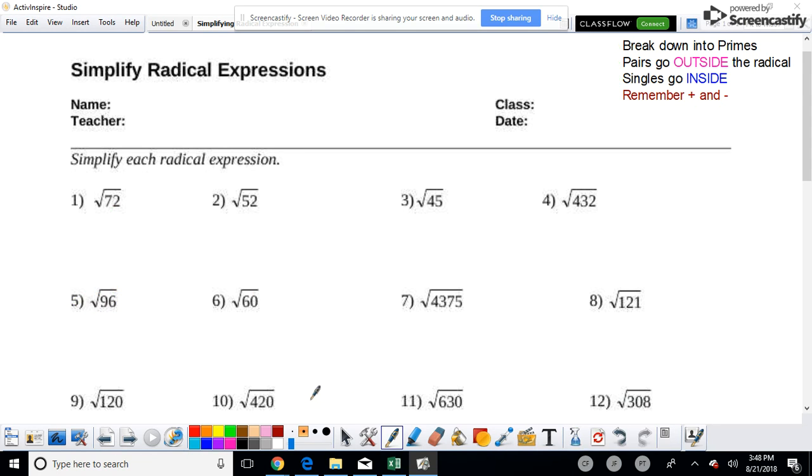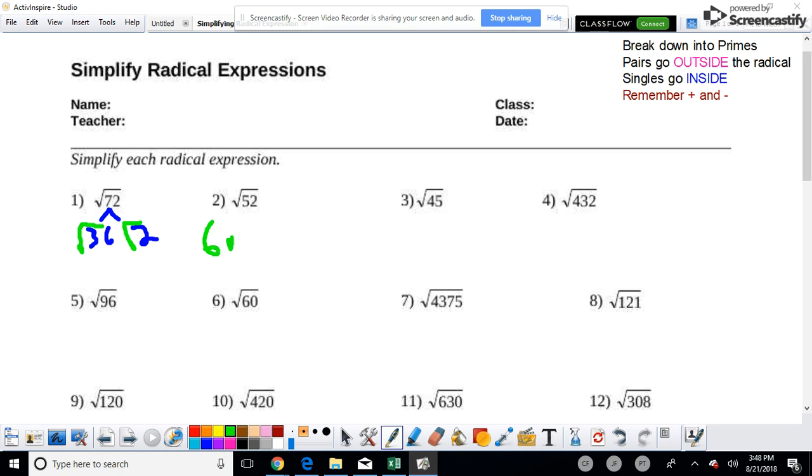If you're good with your perfect squares and you know them off the top of your head, you can just do 36 times 2. And we know that the square root of 36, matter of fact, I guess I'll just put my radicals on them. The square root of 36 is positive negative 6, right? We already know that. I don't need to break that down. 6, what's left?